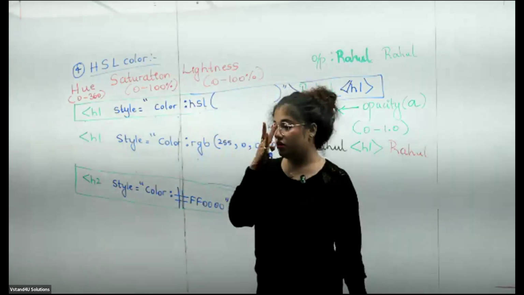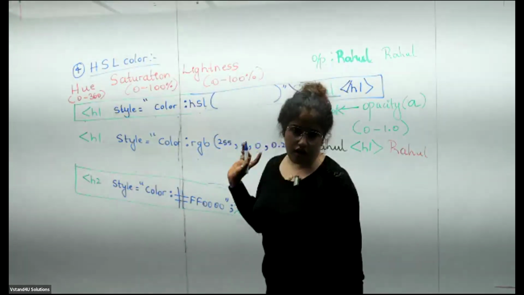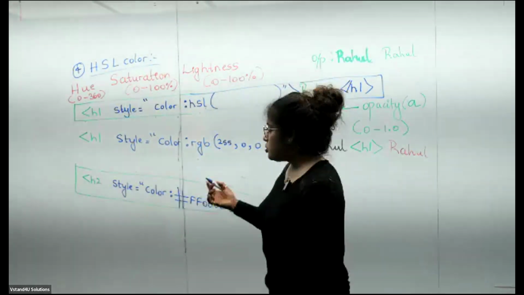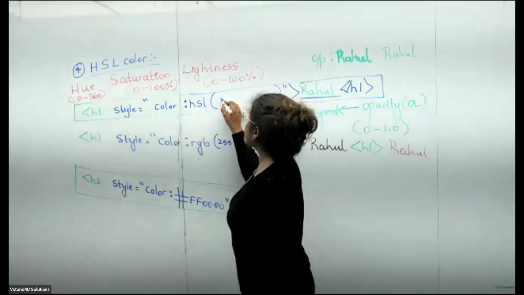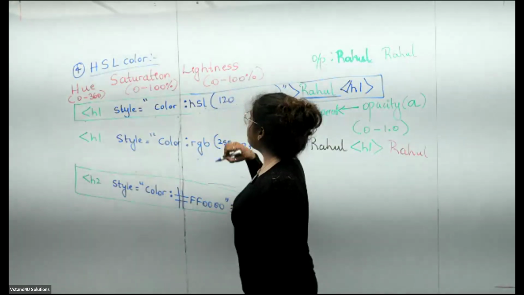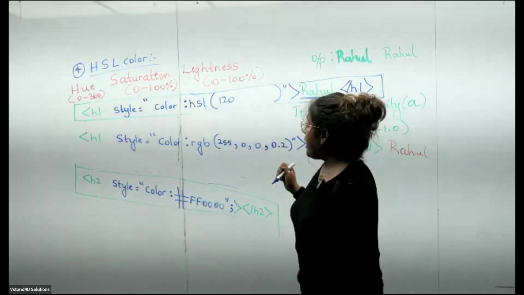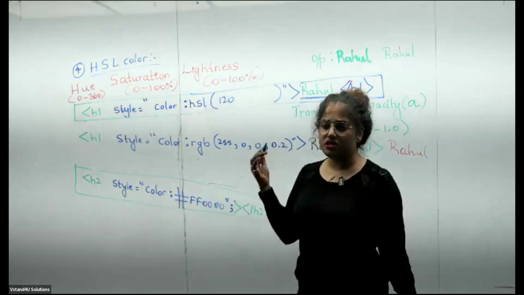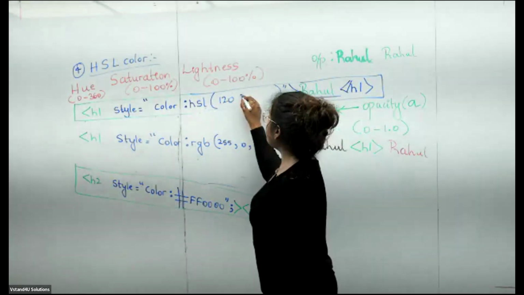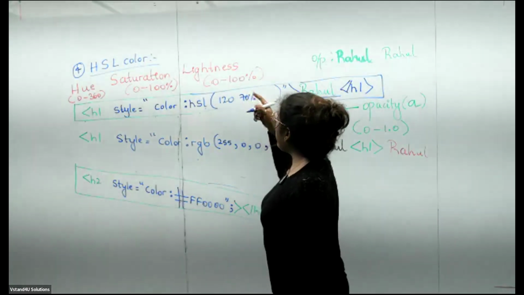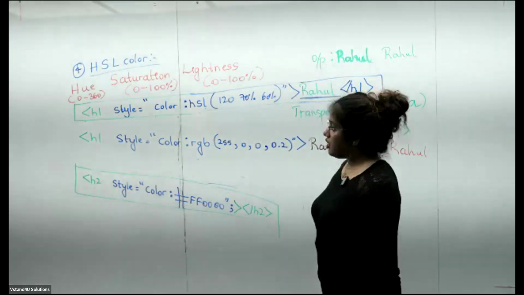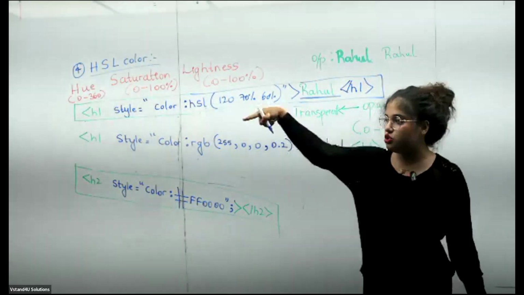I don't know what color I will get because I cannot remember every color. So let me give around 120. And next for saturation, from 0 to 100%, any saturation you want, you give. I will give it as 70%. And lightness also I will give 60%. Clear? How the output will be displayed, I will show on the computer.